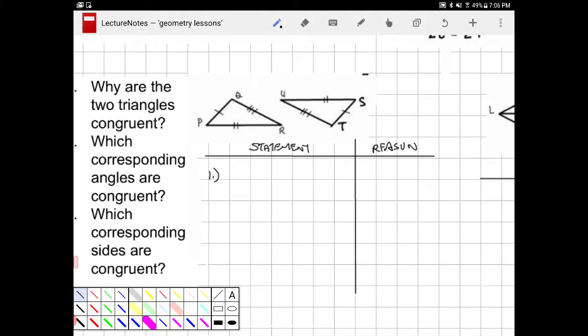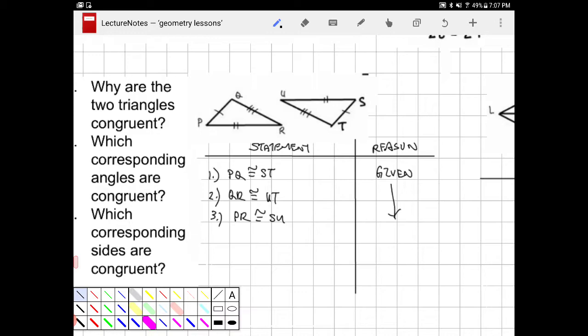So based on the diagram givens, I know that PQ is congruent to ST. I also recognize that QR is congruent to, I'm sorry, not SU, QR is congruent to TU, and I also know that PR is congruent to SU. So these are the givens.